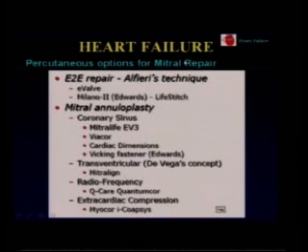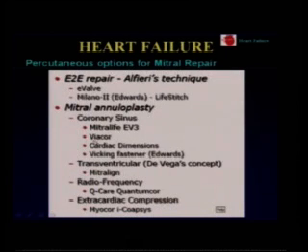What surgeons have been doing is edge-to-edge repair. This edge-to-edge repair has shown good long-term surgical results. Based on that idea, various devices and stitches have come up percutaneously to repair the mitral valve.